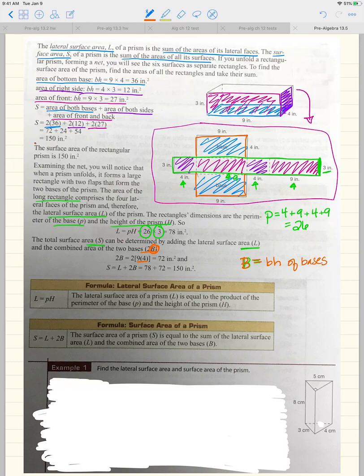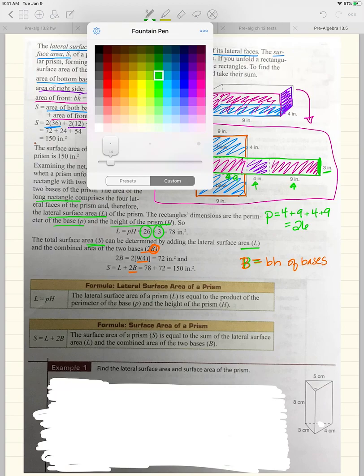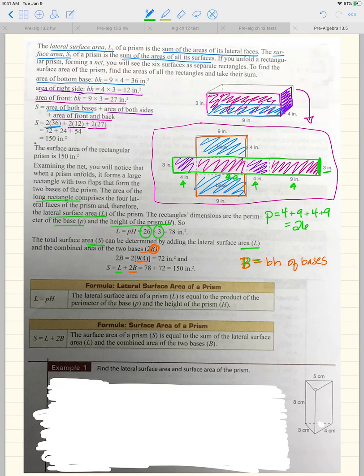So what we're going to do here is take 2 times the area of the bases, because there's 2 of them, plus L, which is our lateral surface area, which was 78 inches squared, plus 72, which is 9 times 4, which is 36, the area of one of those bases, times 2 because there's 2 bases.